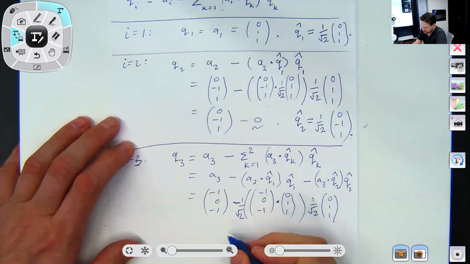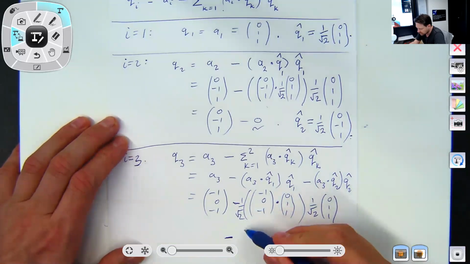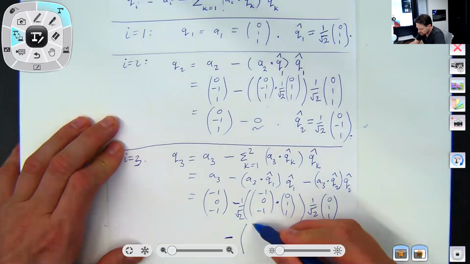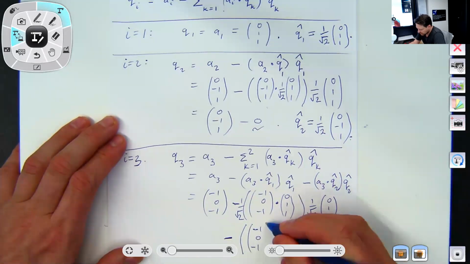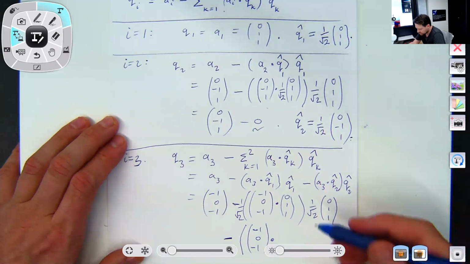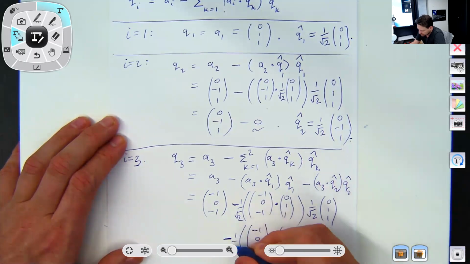And then we come to our other term. So A3, which is minus 1, 0, minus 1 again, and then we're dotting with Q2, which is right here. So we'll put 0, minus 1, 1, and then I'll put that scalar out the front.